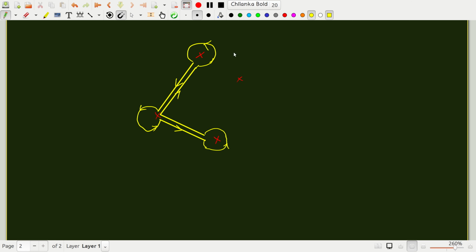Now I again go back. Okay, let's say we have only 3 poles, just for the sake of argument. It doesn't matter, you can generalize it to any number of poles.